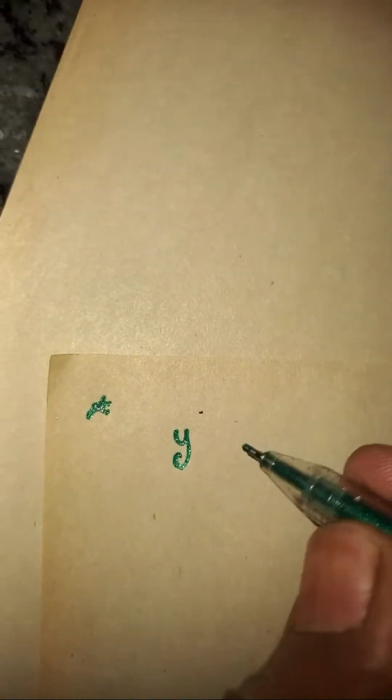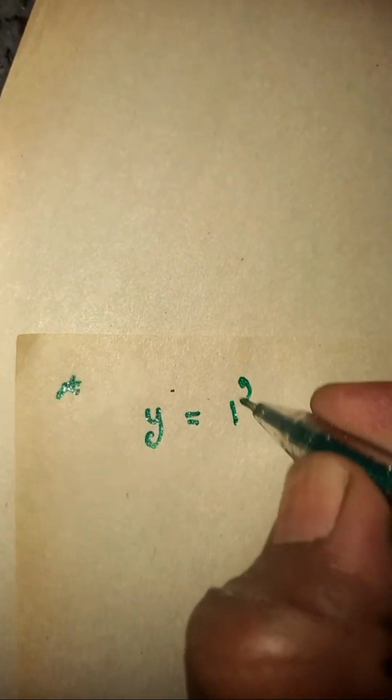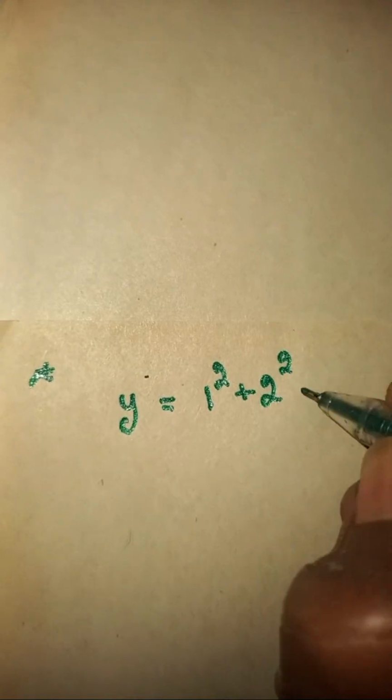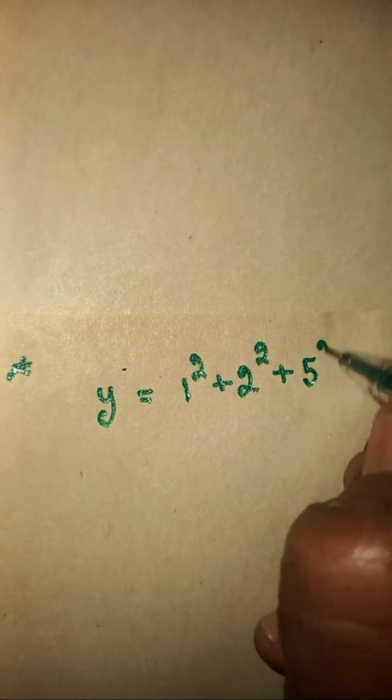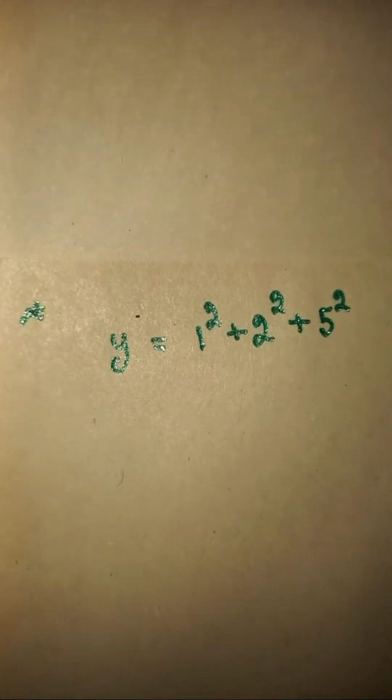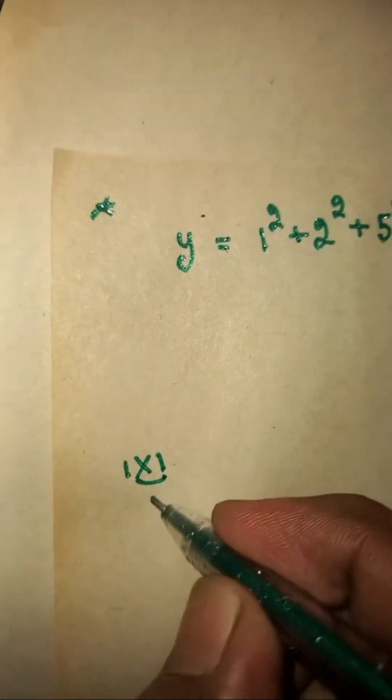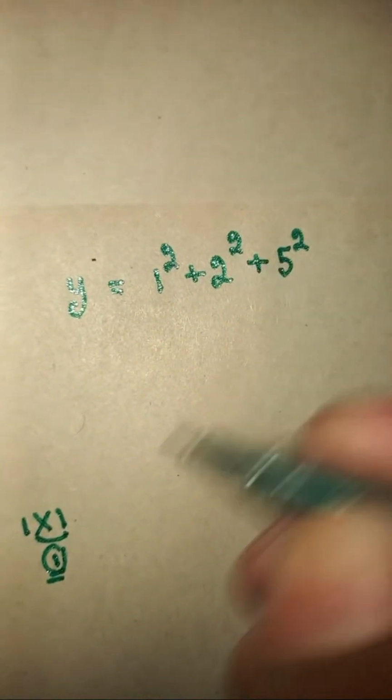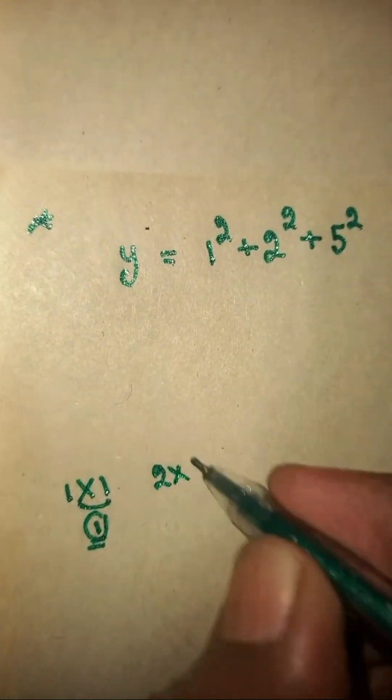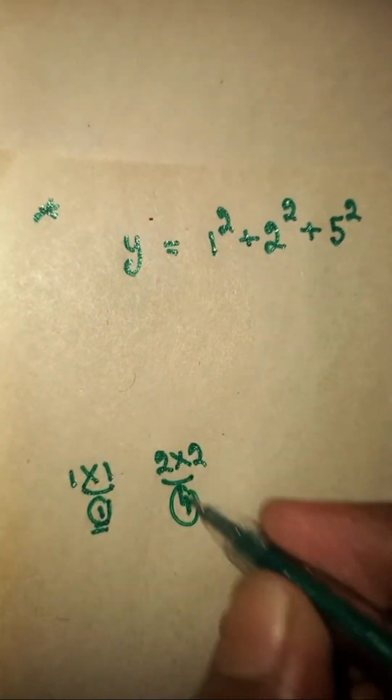Let's start by another problems. That is after these problems, here I'm going to tell how to find out y. y also same way. y equal to they have given 1 square plus 2 square plus 5 square. Now sum them all out. 1 square means 1 times of 1, which becomes 1. 2 square means 2 times of 2, which becomes 4.